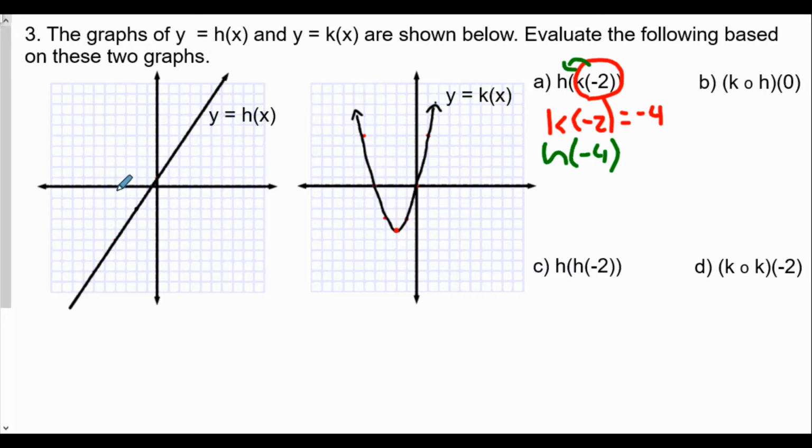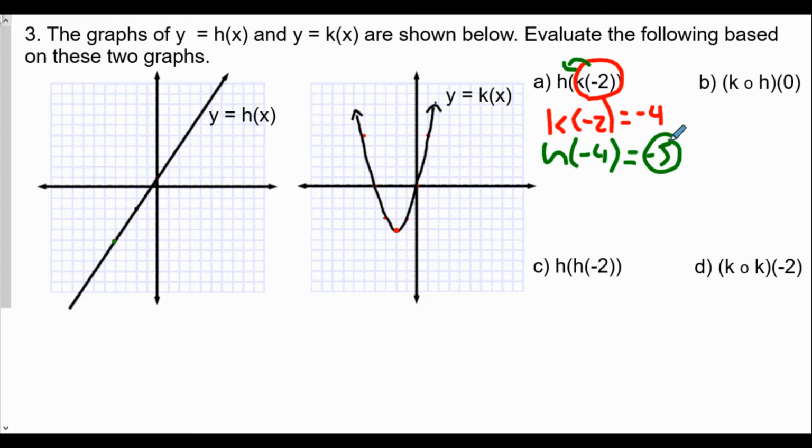The matching y value is negative 1, negative 2, negative 3, negative 4, negative 5, right over here. Okay, so that'll be negative 5. So h of k of negative 2 is negative 5.